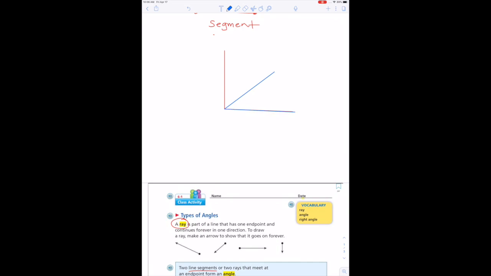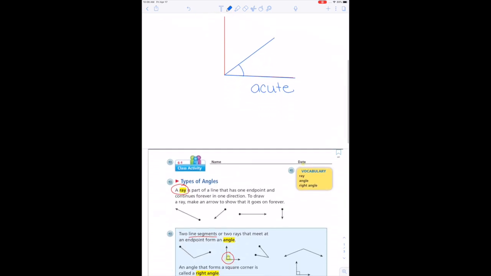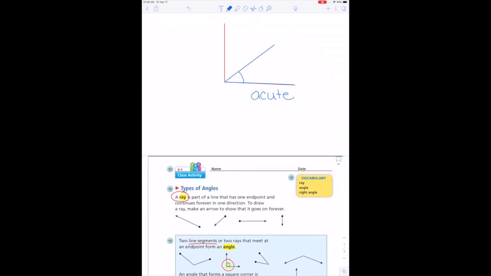This angle isn't straight up and down, and it's smaller. This is smaller than a right angle. So remember, when they're small, we say that they are acute, because it is a smaller angle.